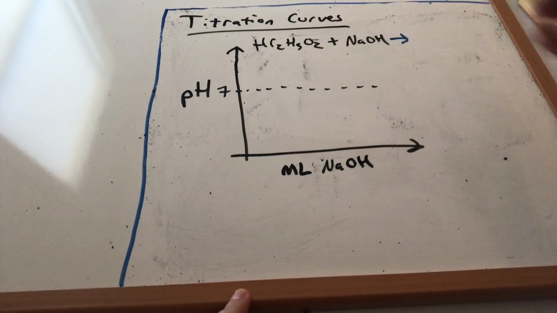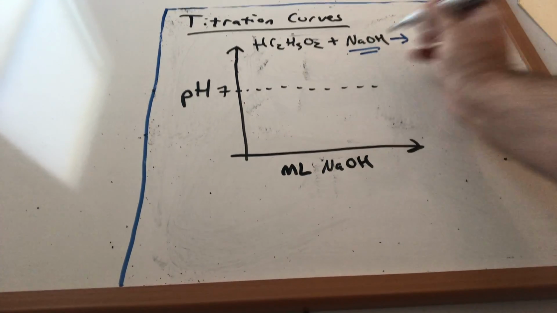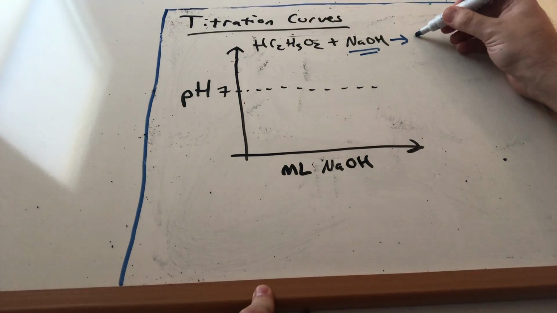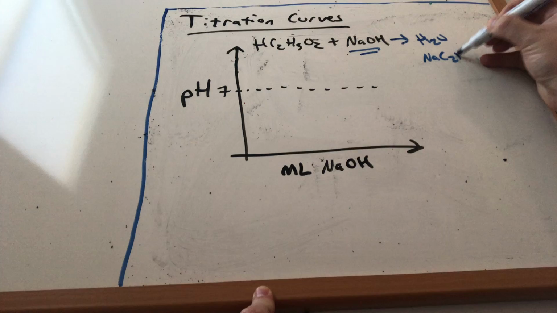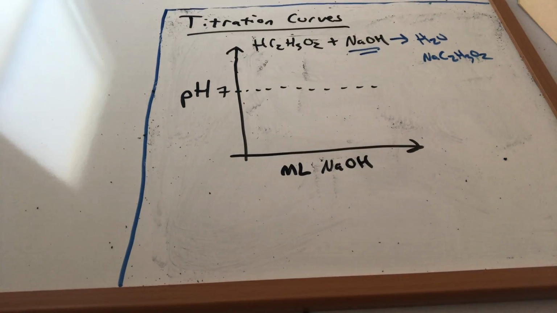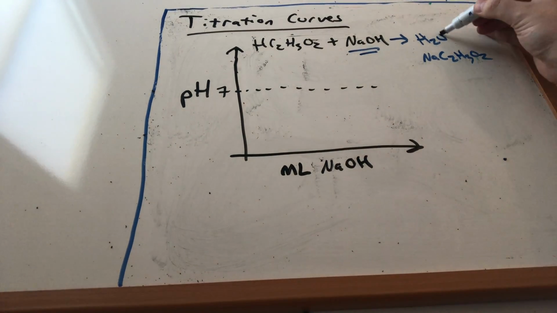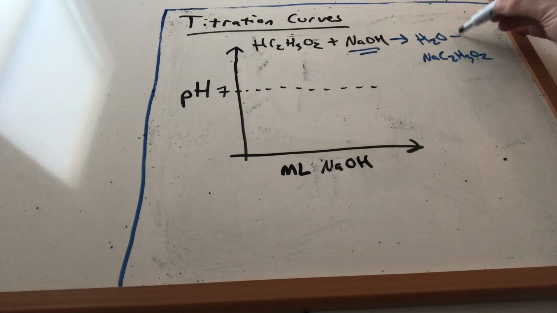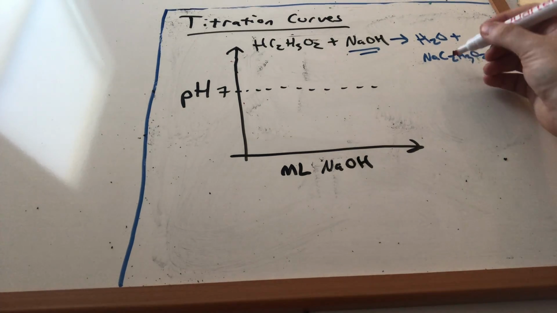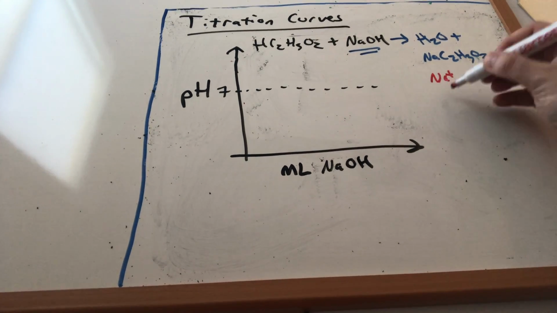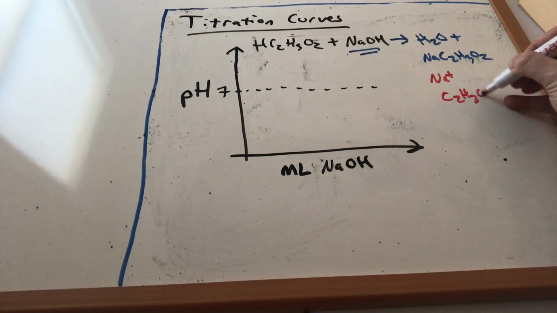So this reaction is a full reaction because a strong species is involved. And what you're going to get is H2O and NaC2H3O2. So what you get is water and a salt as your products. But that salt, we know, could have acidic and basic properties. This salt is really Na+ and C2H3O2-.